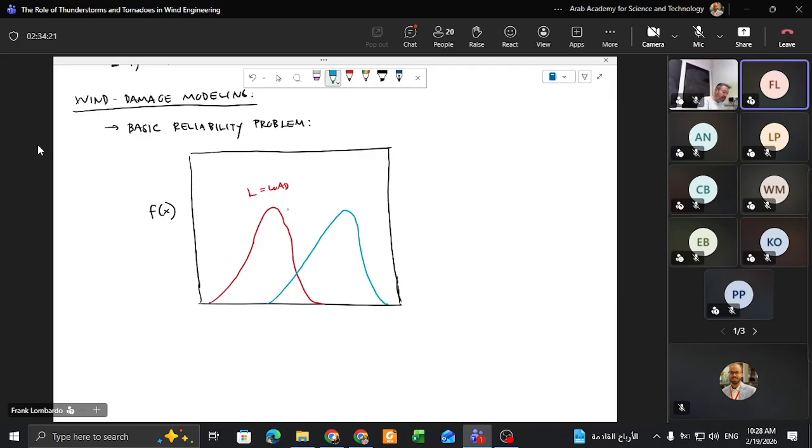And then another probability distribution, which we'll call R, which is going to be our resistance.